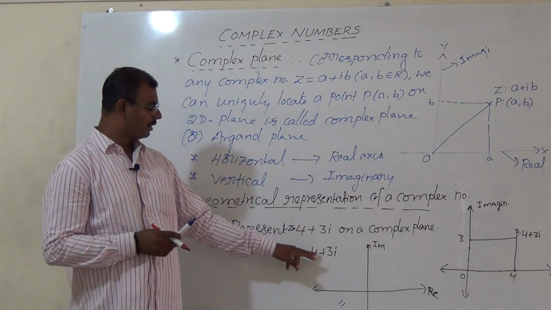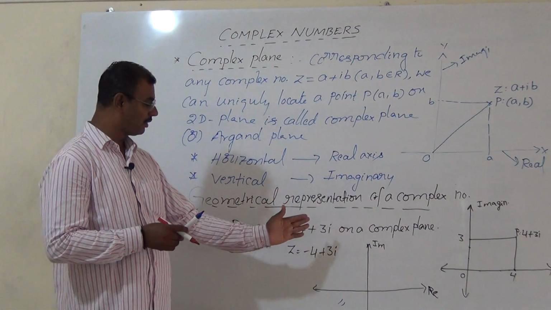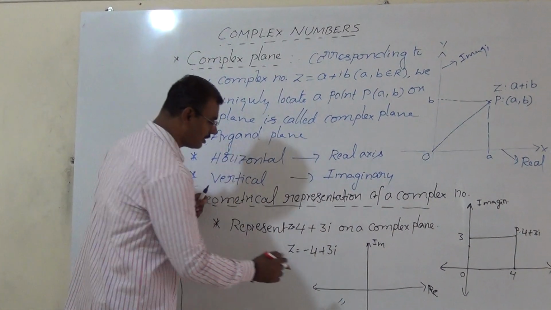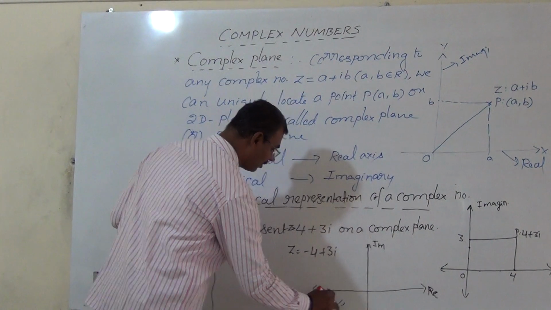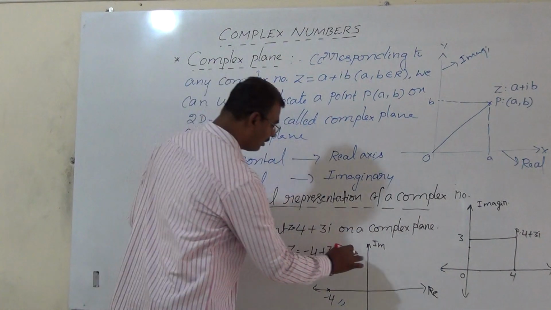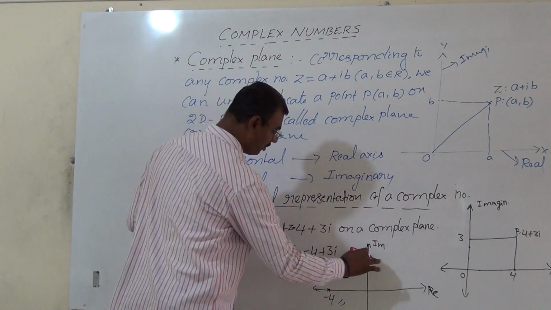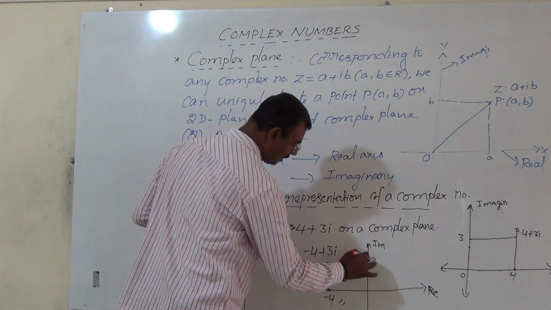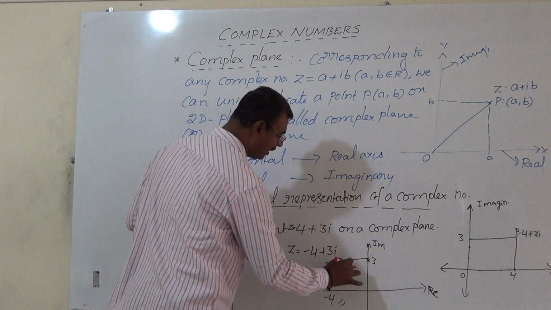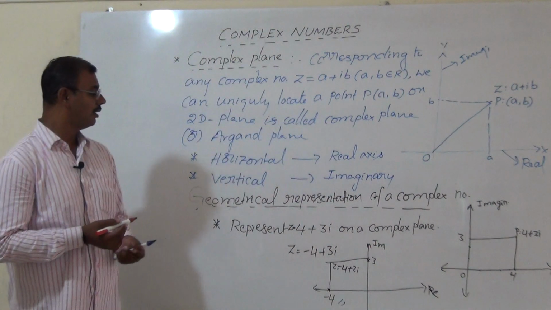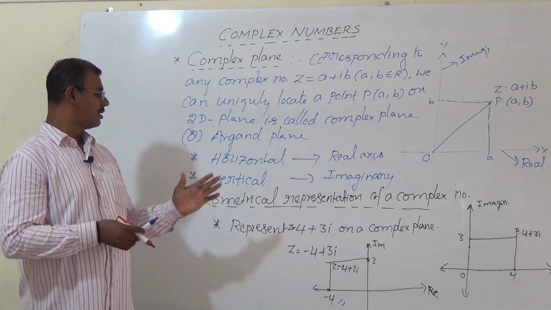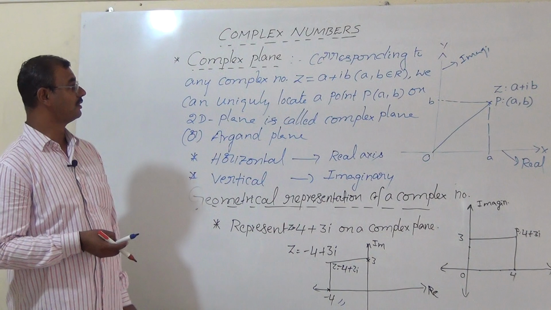Here the real part is minus 4. Minus 4 is on which side? The left side of the imaginary axis. So this is minus 4 units. And 3 is a positive number, so take 3 units on the positive imaginary axis. So this is the location of minus 4 plus 3 iota. Like this, we can represent many complex numbers.